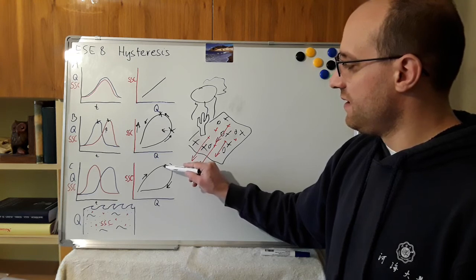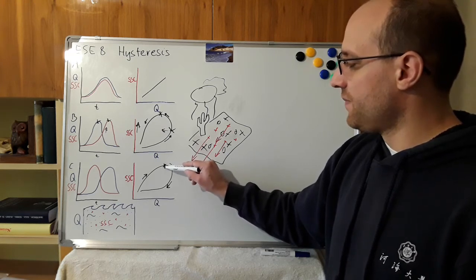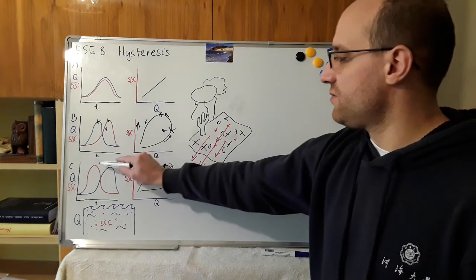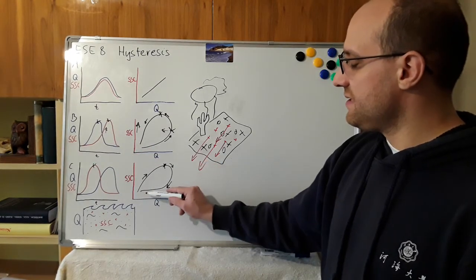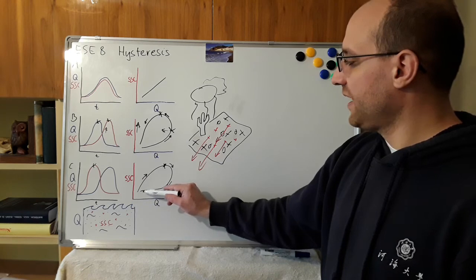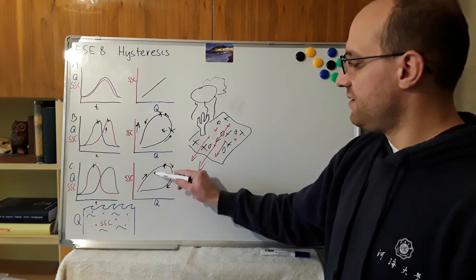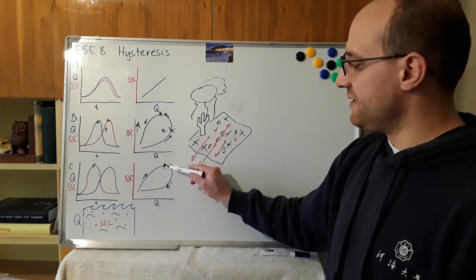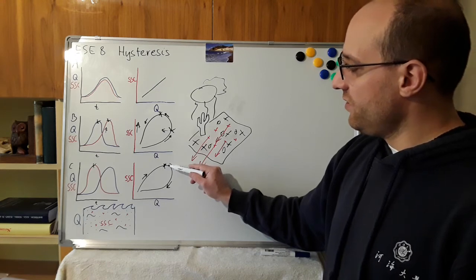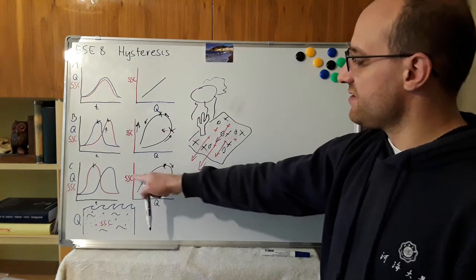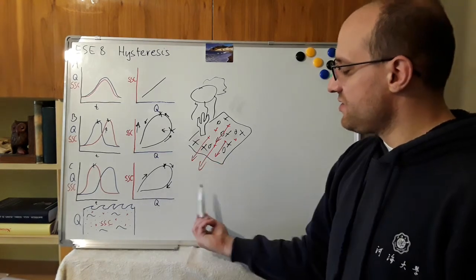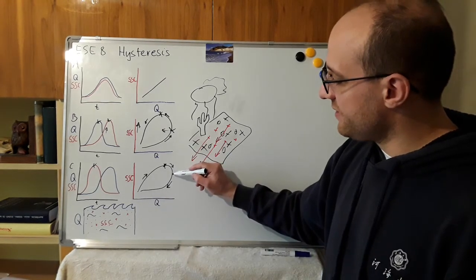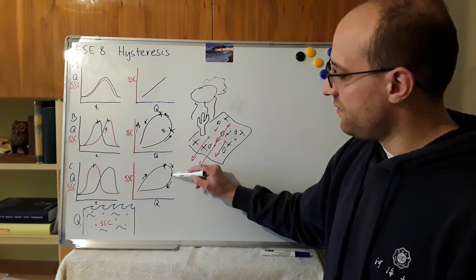What is this point? This is the maximum value of sediment concentration, somewhere over here. And then we see that the discharge is also increasing. And here we see that the sediment concentration starts to decrease, but the discharge is still increasing, more and more water flowing out.